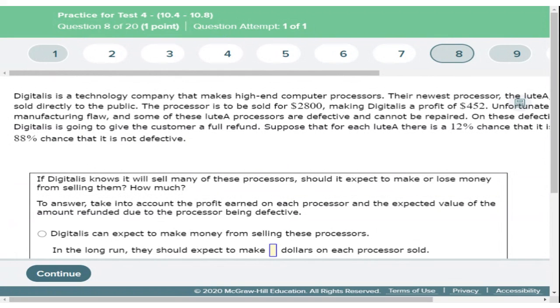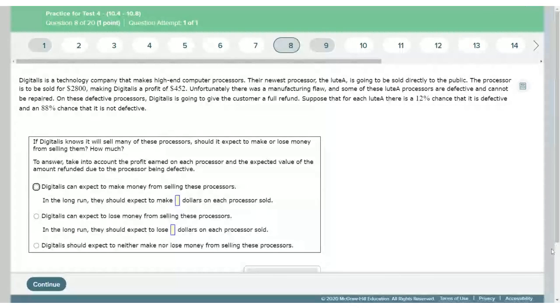So what we got here is this company. It's got a certain processor that's going to get sold directly to the public, and it's going to be sold for $2,800, and then they'll get a profit of $452 for everyone that they sell.